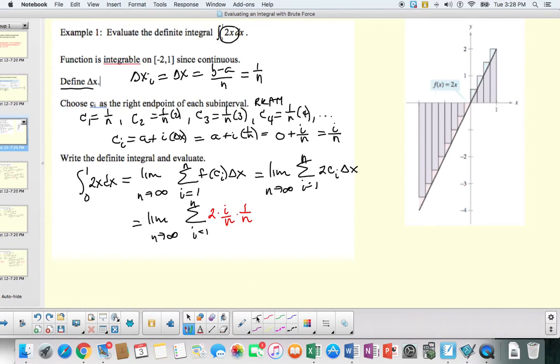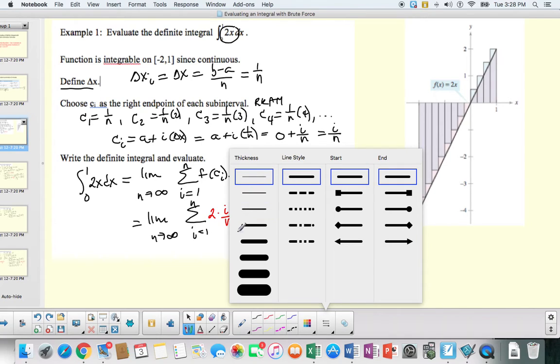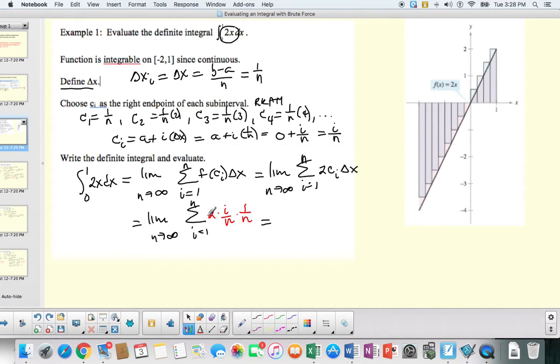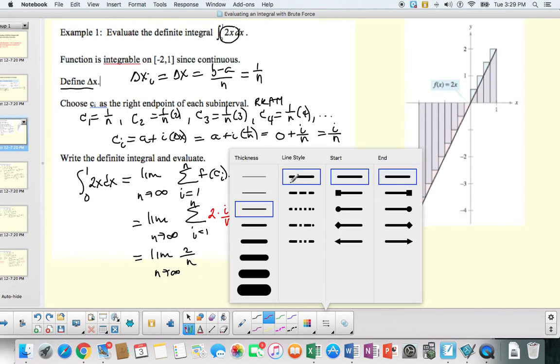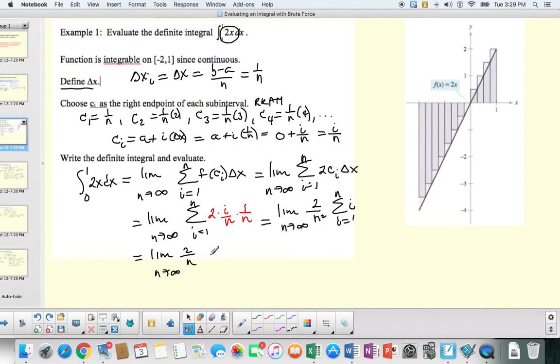So I am going to rewrite this problem, taking everything out that's not an I. This will be the limit as n approaches infinity of 2 over n squared, summation I equals 1 to n of I. We just talked about that formula, and we have a formula that can replace that: 2 over n times n plus 1 times n over 2.